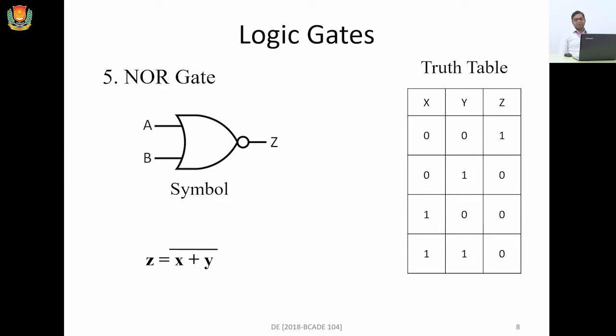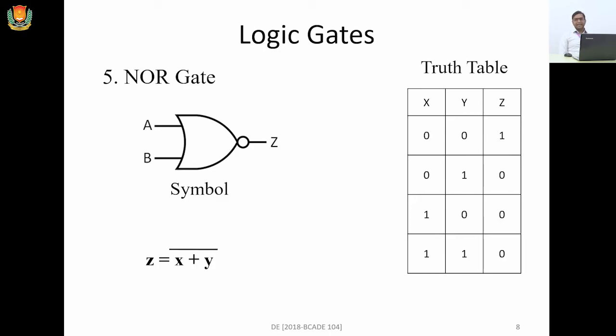In decimal, 1 plus 1 equals 2, and in binary, 1 plus 1 is 10. But in Boolean algebra, high logic plus high logic equals high logic. That's why the complement of high logic is 0. And the expression for this, you can see on the screen, Z equals X plus Y whole bar.